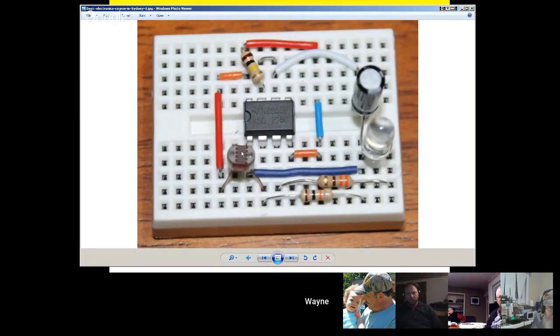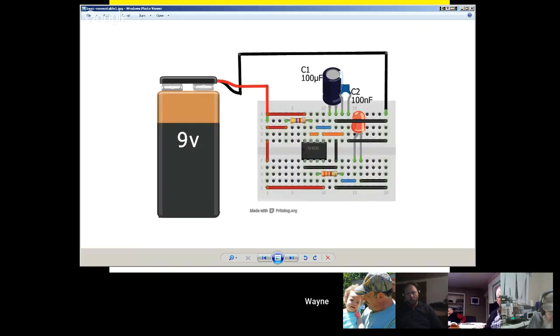Like your electricity in your house, this light would come on automatically. There's another simple circuit and power. Pretty much it's the same thing that was there before, except it doesn't have that little photo detector on it.